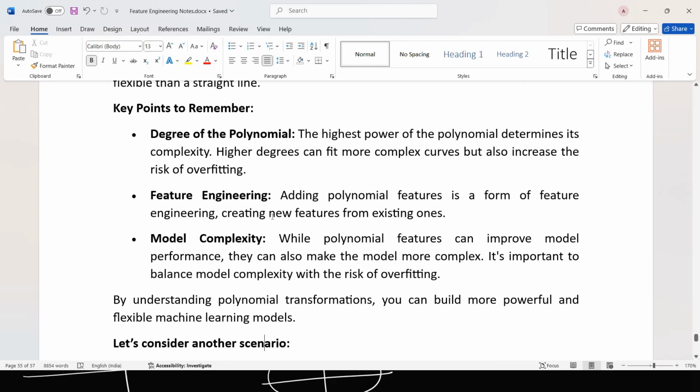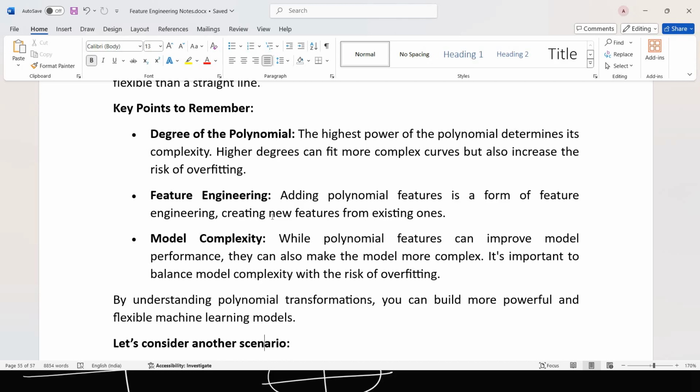And then model complexity. Obviously, the first point was that the highest power of the polynomial decides how complex it is, whether it's complex or simple or it can be fit into a linear regression. All those things are decided by the power or the degree of the polynomial, right?